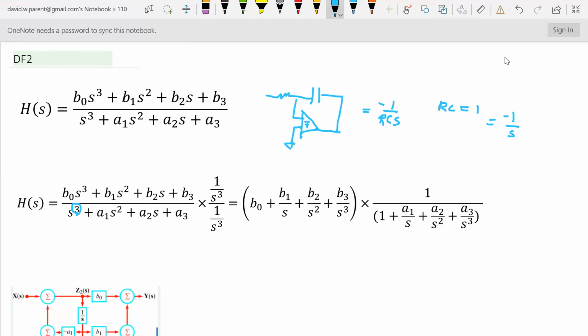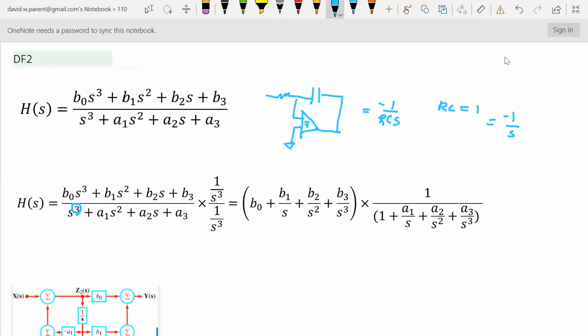So now we'll divide through by s cubed and s cubed. If I divide this by s cubed, I just get b0. b1 times s divided by s cubed, I get b1 divided by s squared, b2 divided by s squared, and b3 divided by s cubed. And so here are our integrators: single integration, double, and triple.